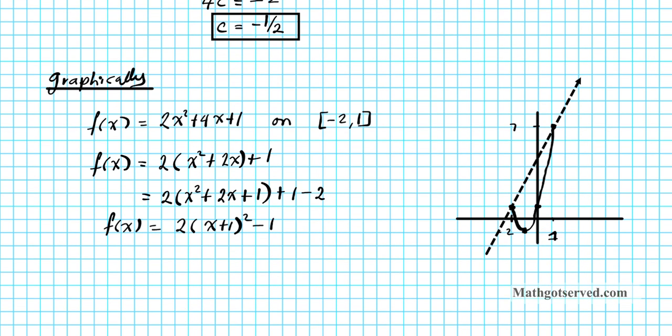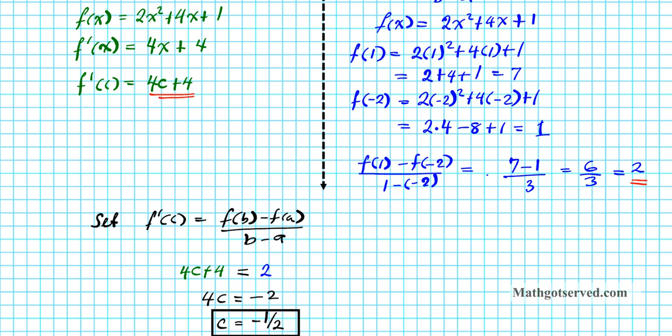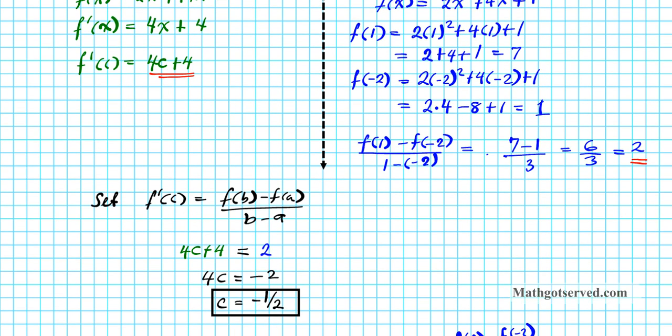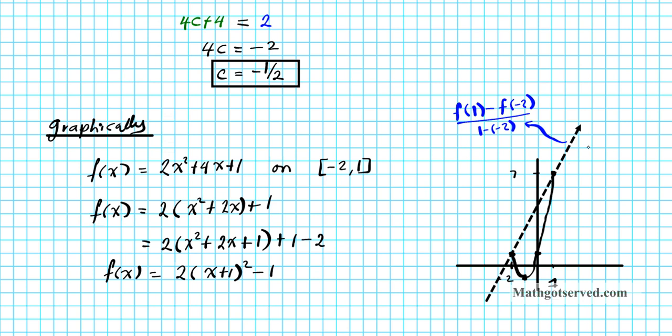So this line right here, this is f of 1 minus f of -2 over 1 minus -2. This is the slope of a secant line. That's what we calculated over here. And the answer was equal to 2. See this line? Rise over run. You rise 2, run 1. What's the slope here? 2. You can see it pans out perfectly.